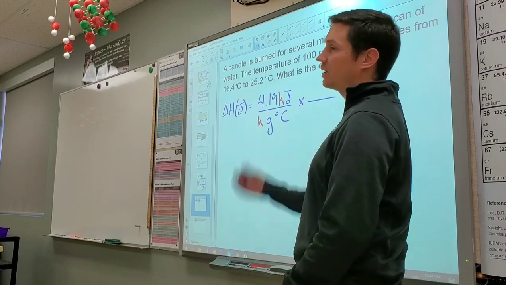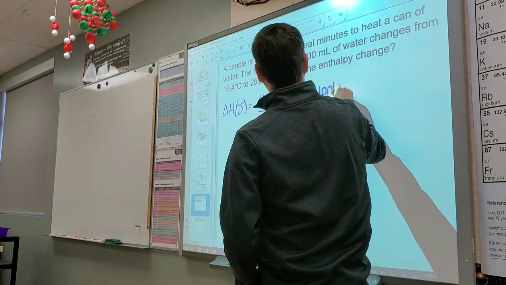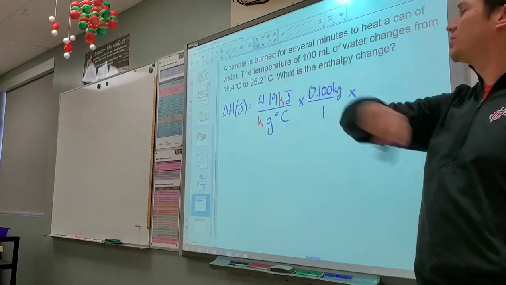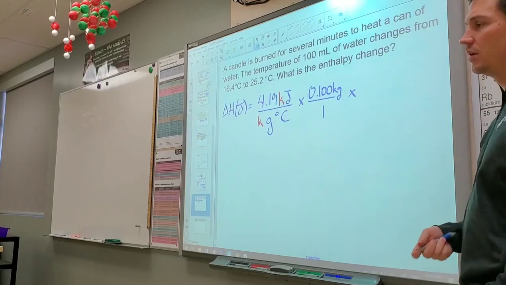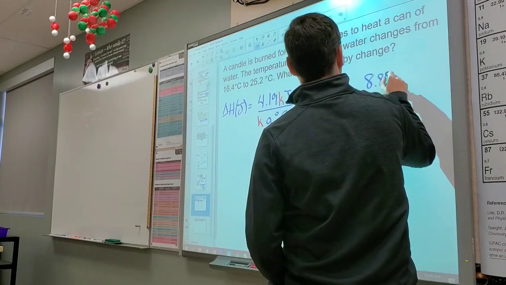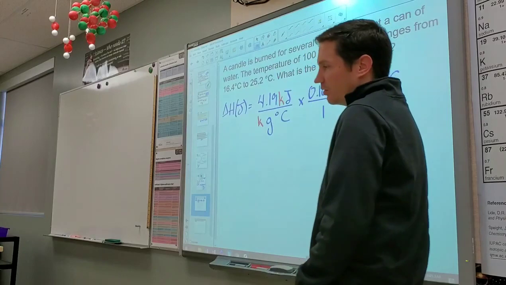Okay, well, just let me know. So this is 0.100 kilograms of water. And what was the temperature change between 16.4 and 25.2? 8.8 degrees Celsius, over 1. You don't have to put over 1, but I do.